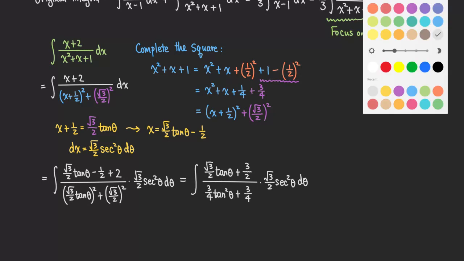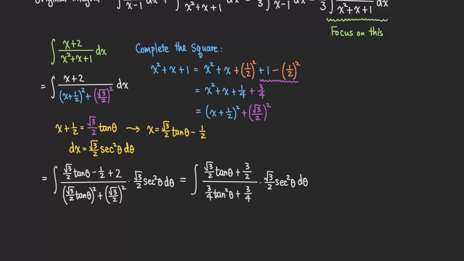Now I just want to show you that if you look at this right here, if you factor out the 3 over 4, right? So let's just look at this portion on the side. We factor out the 3 over 4, then it actually becomes tangent square theta plus 1.